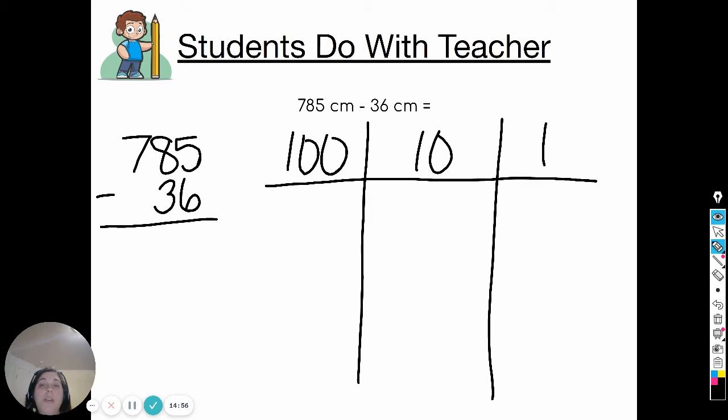Okay, so we have our standard algorithm, we have our hundreds chart, now we need to start drawing. So we're going to start with our first number, which is 785. 7 hundreds, 8 tens, 5 ones. Go ahead and draw that on.